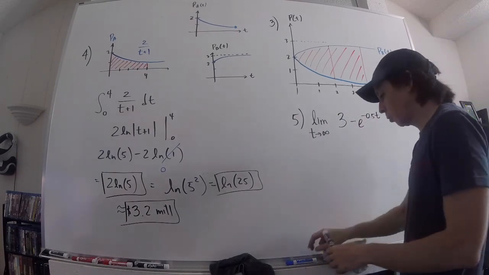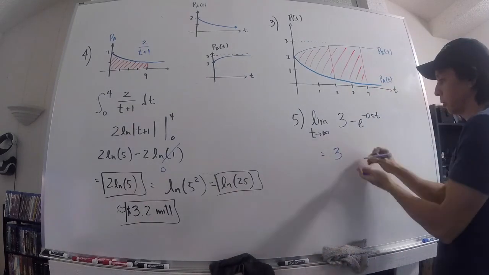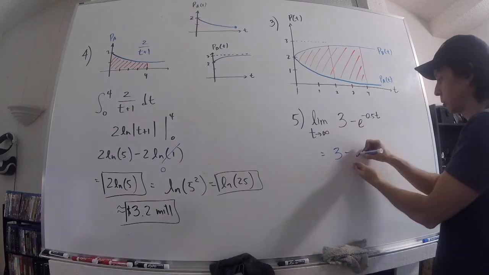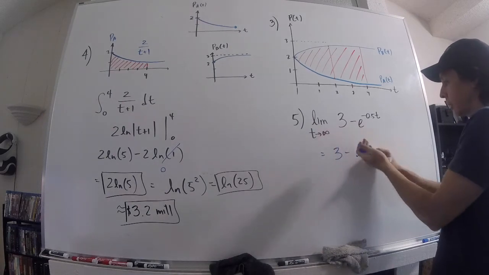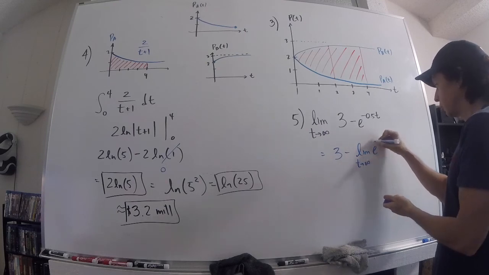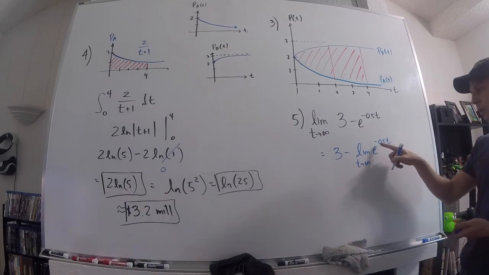And I talked about it earlier, but this is obviously going to just be 3 minus something. So basically one thing they can do is they can just apply the limit to that. Limit of a constant is just that constant. And then apply the limit to that, which sometimes you have to spend a little more time on these weird ones. And you have to figure out what's happening with that and know that that's a negative exponent.